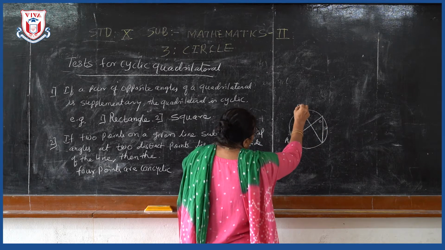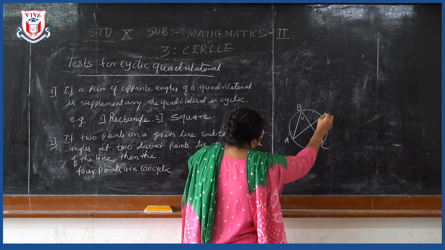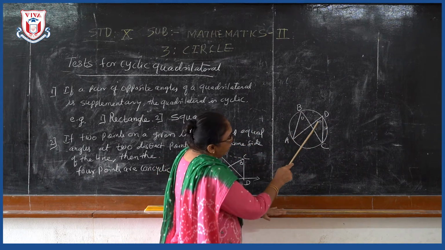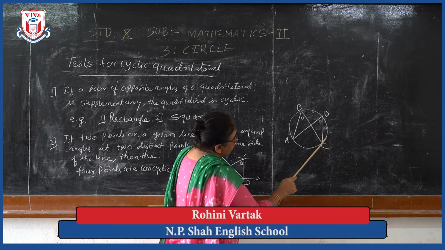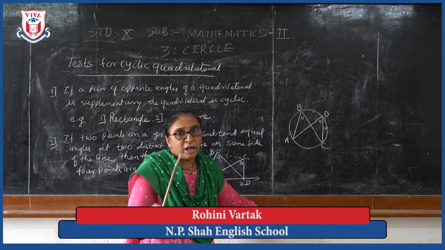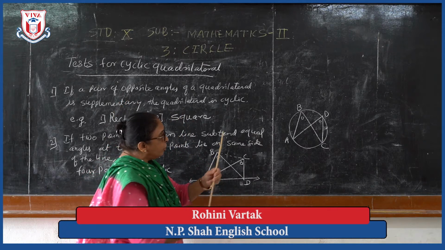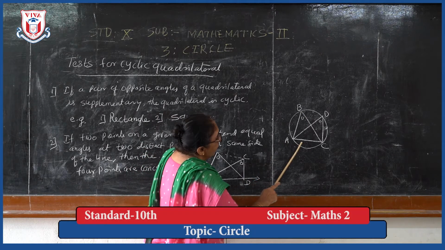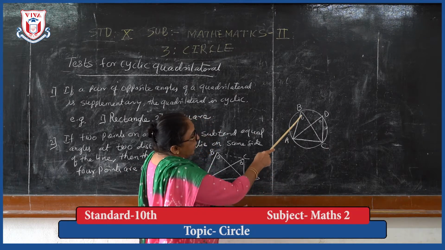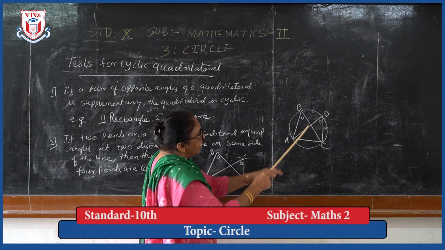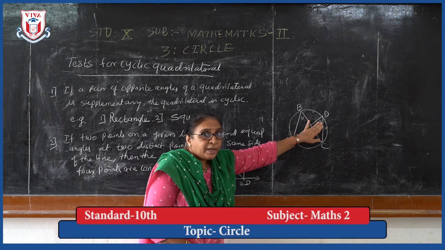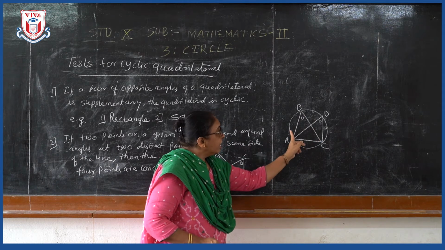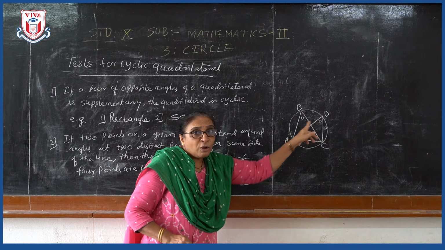Now, see, angle ABC and angle ADC will be congruent if they are inscribed in the same arc. Now, if we join this AC, then for this line AC, angle ABC and angle ADC both lie on the same side, and whenever these angles are congruent, all these points are concyclic.